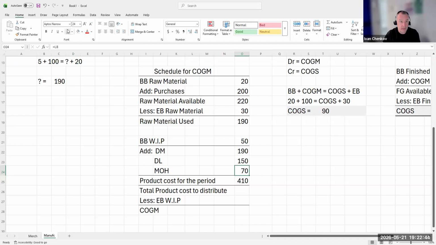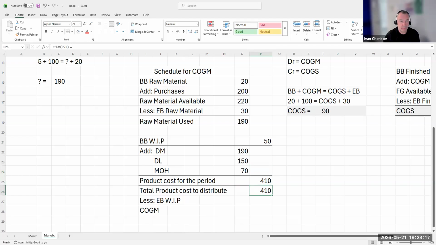Now the 410, I'm going to leave it here, and this one I'm going to move a little bit to the side. So I have this 410, which is going to come to my formula right here. And now those two together are going to give me the total product cost that I need.